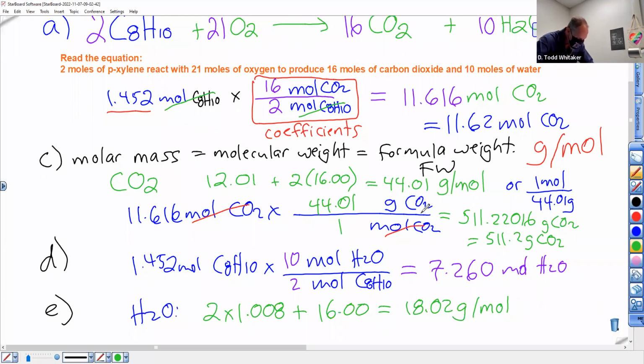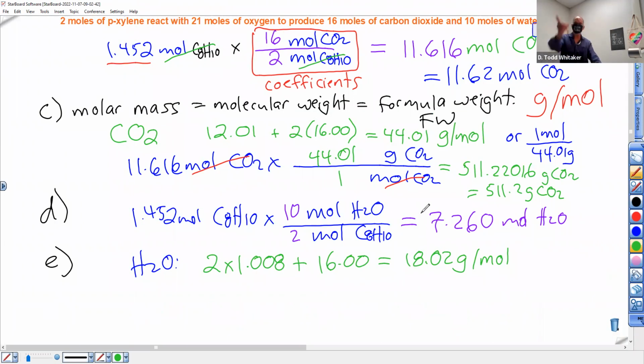So how do I use that now? You tell me how to finish this lovely question. Coefficients we did do, we're done. No, don't use them again, please. I want to get rid of the moles from 7.260.